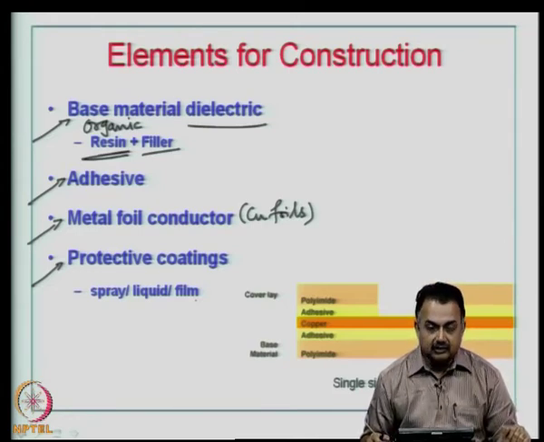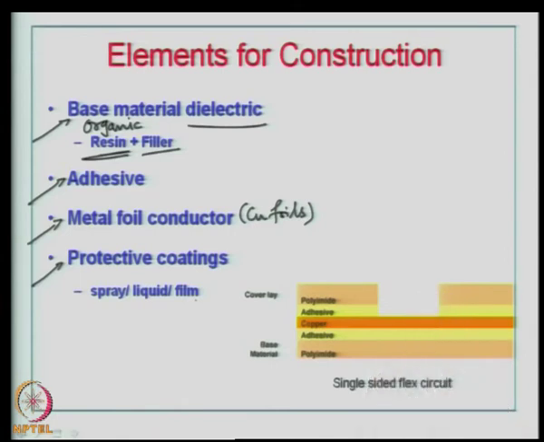If you look at the cross section here, what we see is a copper layer, then an adhesive layer, and then the dielectric material. And you can access the copper by this opening from the top of the dielectric material.